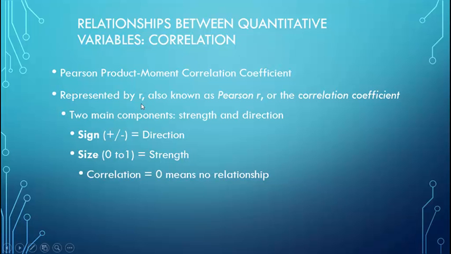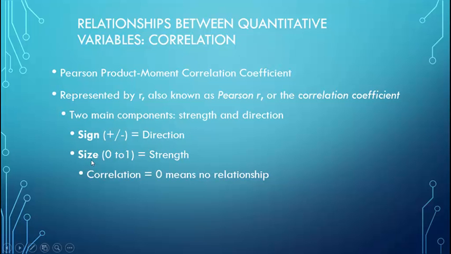So we've already looked at z's, t's for t-tests, F for ANOVA, and r is the symbol for a correlation coefficient. And when you run a correlation in SPSS, you'll get an r, and there are two components of this statistic. The sign, either positive or negative, tells us the direction of the relationship.